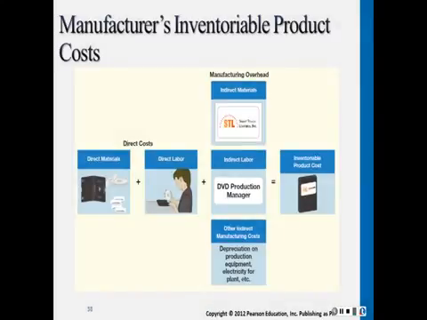Direct materials plus direct labor, plus manufacturing overhead, indirect materials, plus indirect labor, plus other indirect manufacturing costs equals inventoriable cost.